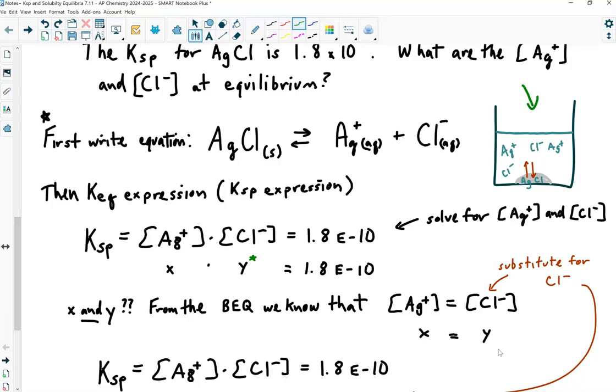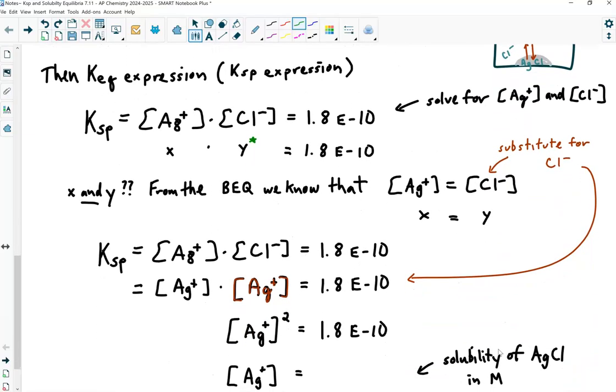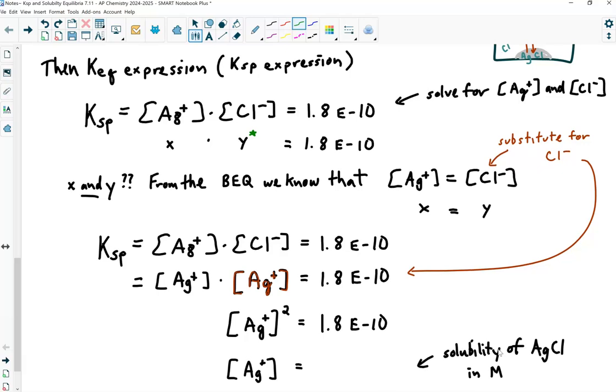So up above we have x times y equals 1.8 e minus 10, but x equals y. So here's what we're going to do. I rewrote it down here. The Ksp, silver times chloride, equals 1.8 e minus 10. Wherever I see chloride ion, I can substitute silver ion.